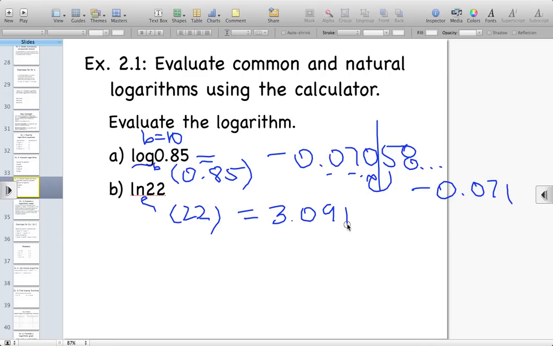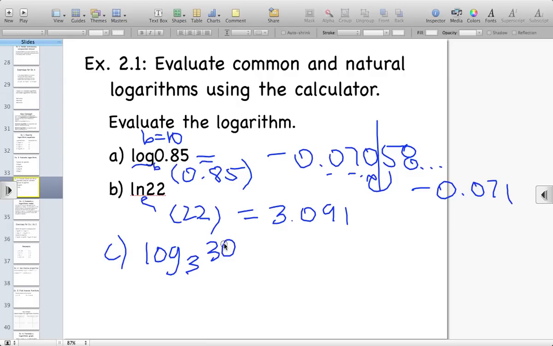Okay, so now the question becomes, what happens if you want to use your calculator because the problem you're given isn't an easy problem to use without the calculator? Let's say you have an example, log base 3 of 30.